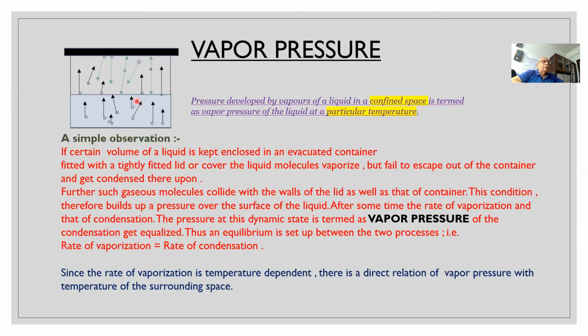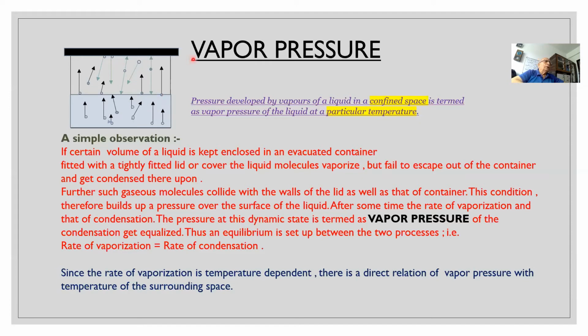Those particles which rise up to the surface get striking pressures from the molecules below in the liquid. And therefore, they have a tendency to escape, to get out of the liquid.